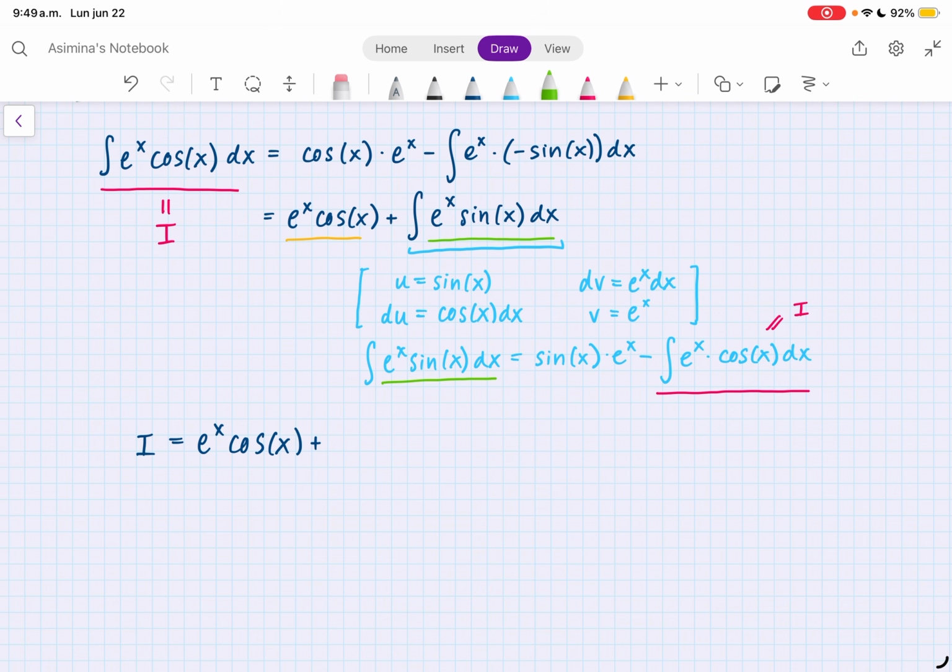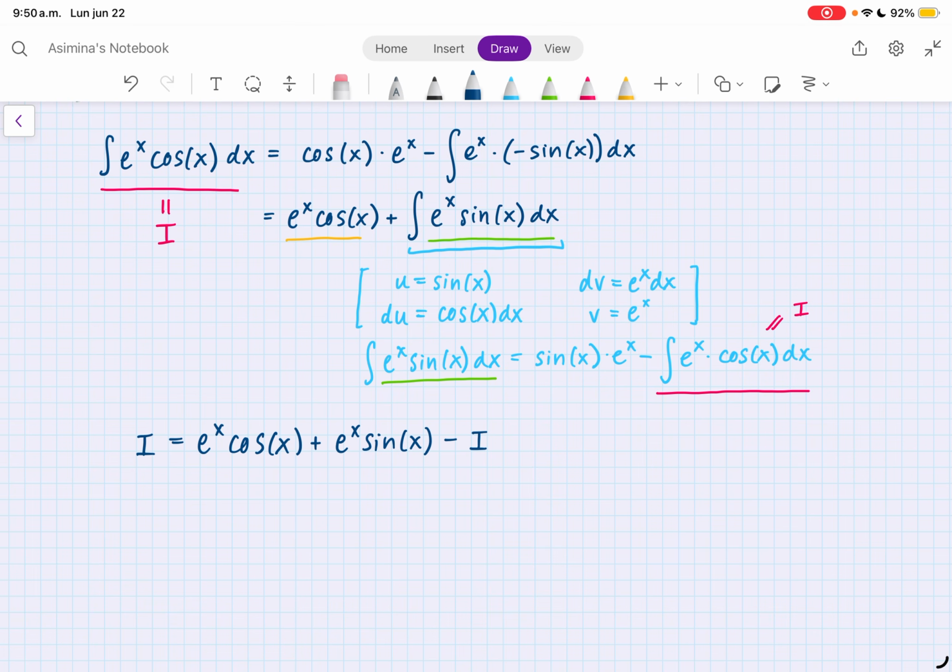Which is, I'll write this as e to the x sine of x, right? That's just coming from over here. And it's minus I. Right? What's underlined in pink is I.